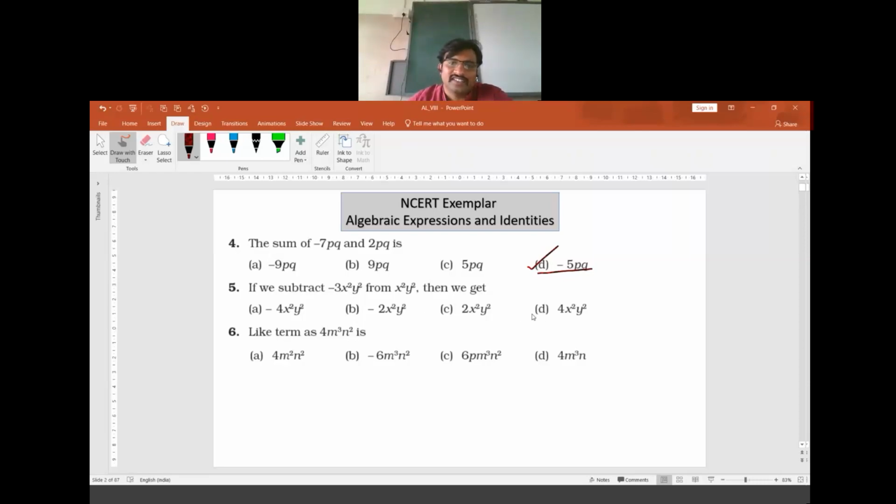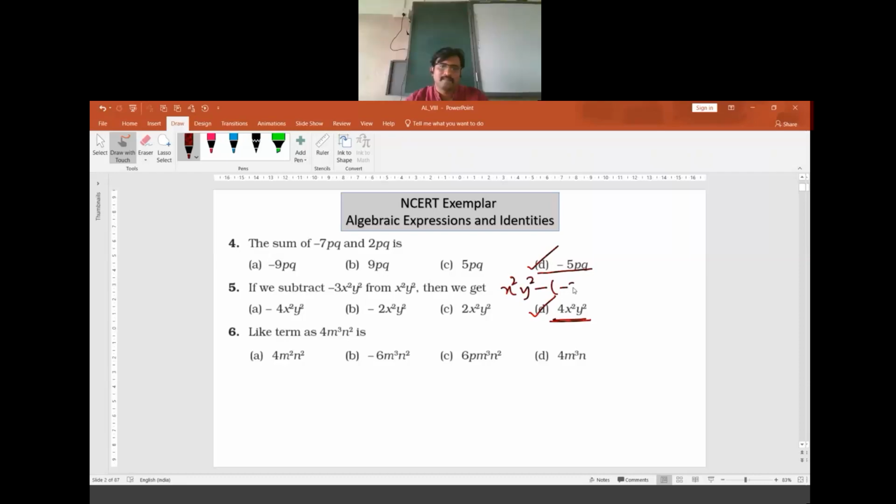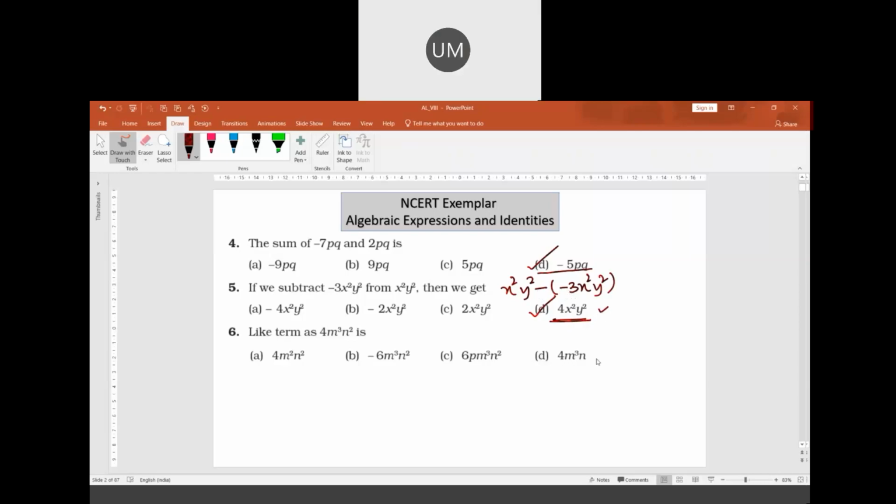Now he changed the answer. Very intelligent. This is correct. Why? Here the minus will become positive, because the question is asking to subtract from x square y square. Minus of minus will become plus, and the answer is 4x square y square. Option number D. Okay, sir.